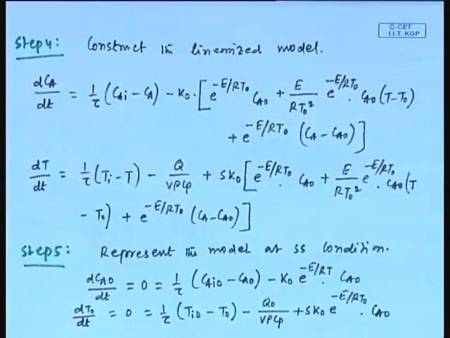This is the steady state representation of the second modeling equation. Fine. So, sometimes we are using suffix s, sometimes we are using suffix 0 to represent the steady state.